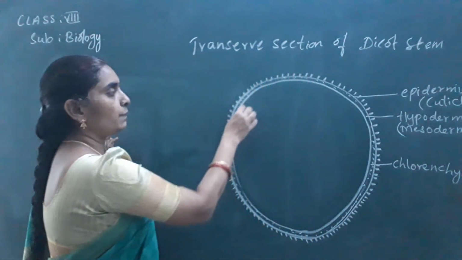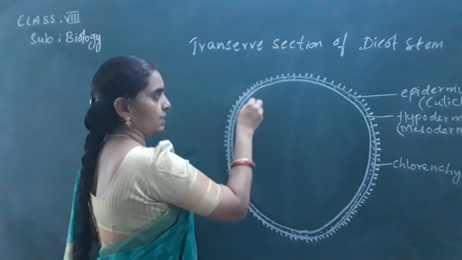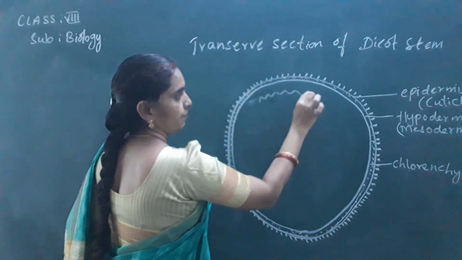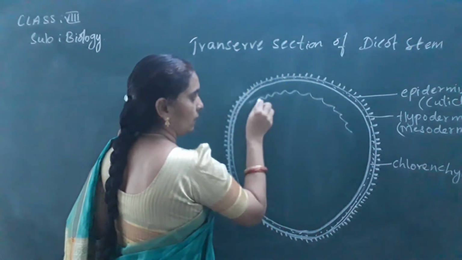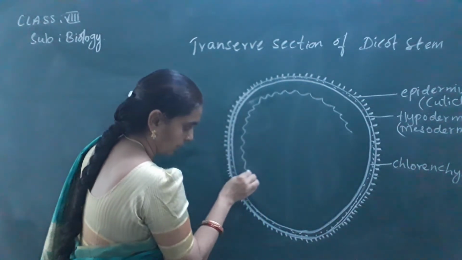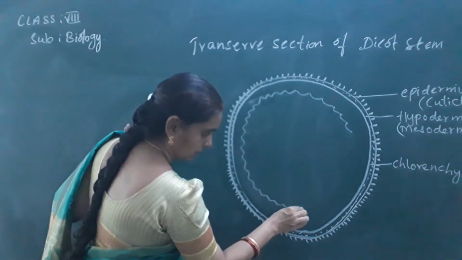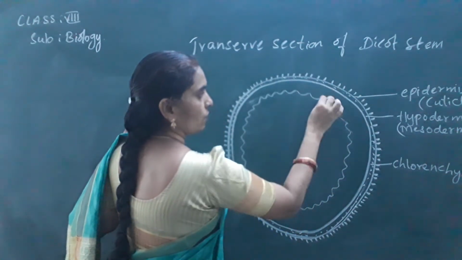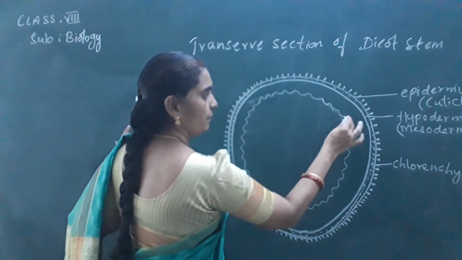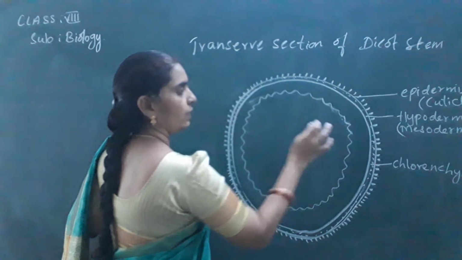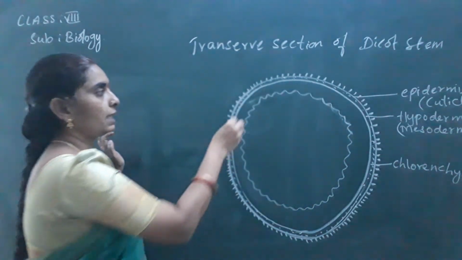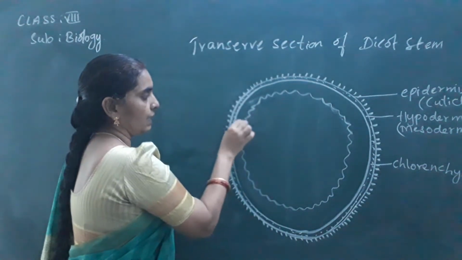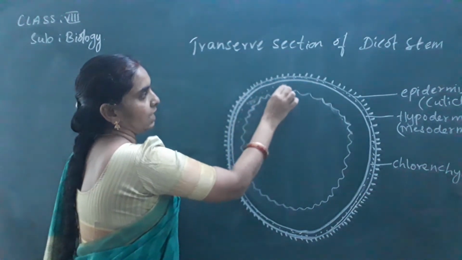And next, the innermost cell region. So I'll draw here, you can see. This is the endodermal layer. So what is this part, children? This is the endodermal layer. It consists of the vascular bundles in it, and this is the parenchyma region.